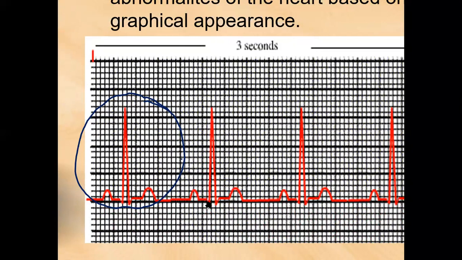P, Q, R, S, T. It recharges. P, Q, R, S, T. Over and over the exact same way. And what we look for is how uniform are the spikes? How long is the time in between the heartbeats? How long is the time in between contraction and relaxation? Those are the things that we're looking at for ECG interpretation.